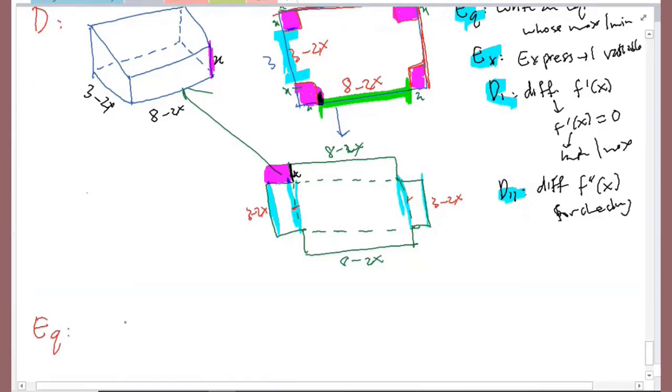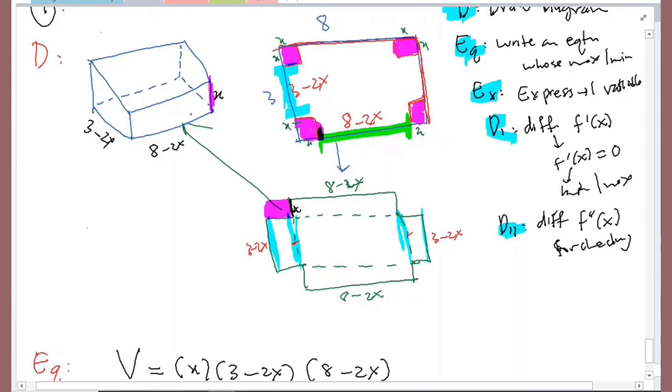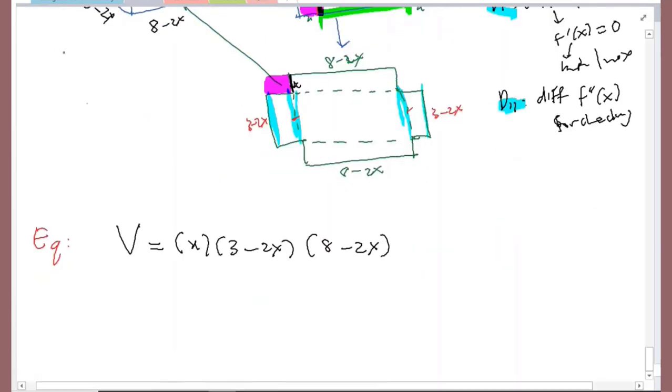So we take the volume of this cuboid: x times 3 minus 2x times 8 minus 2x. The formula for volume is this times this times this, like x times y times z, because of 3 different dimensions. The next E is express to a single variable; this is already in the single variable x, so skip it.